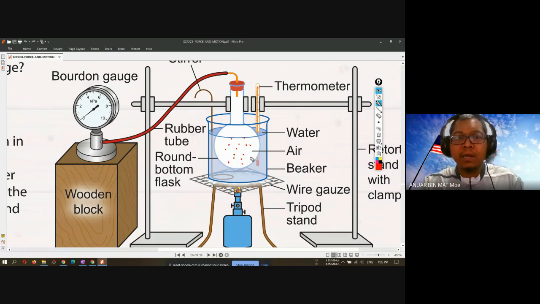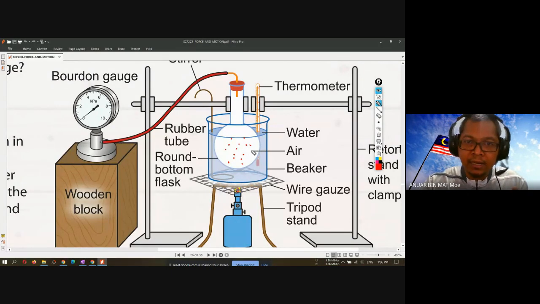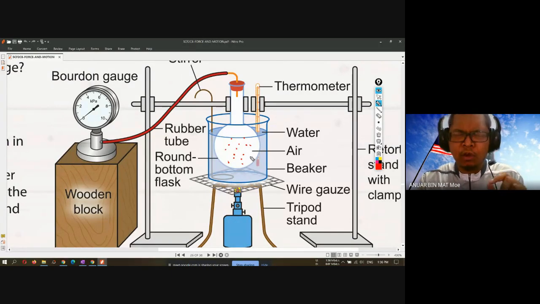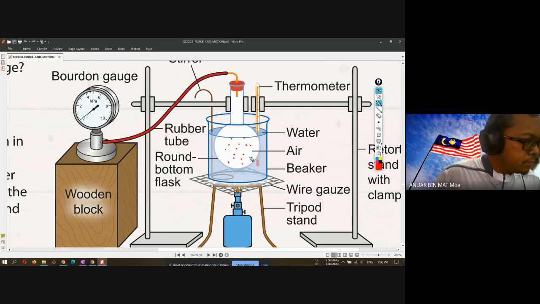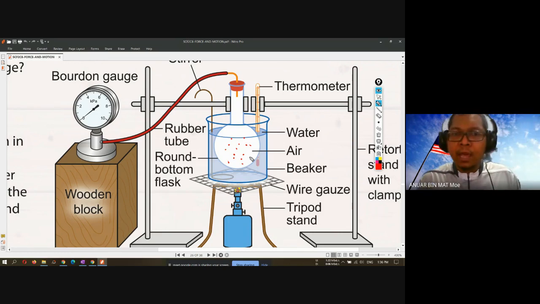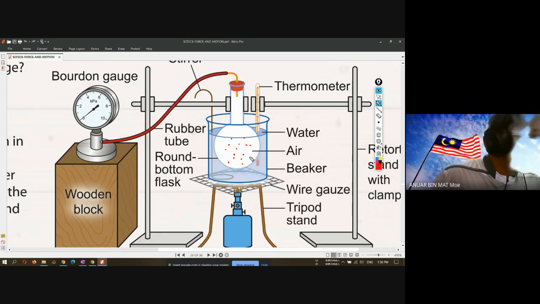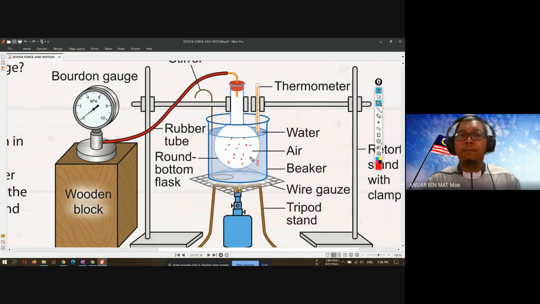And then what happens if the particles move much faster? They will collide with the wall of the container more. What happens to the air pressure? Higher. The air pressure will become higher.